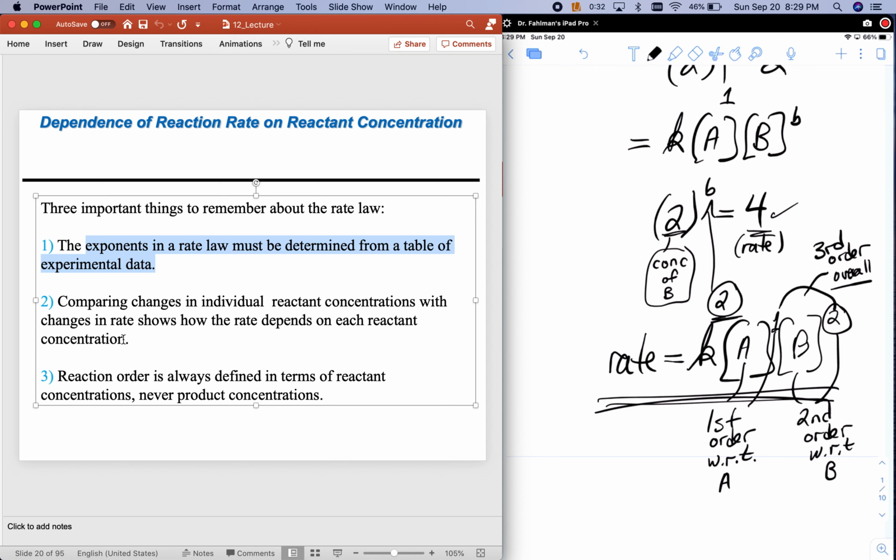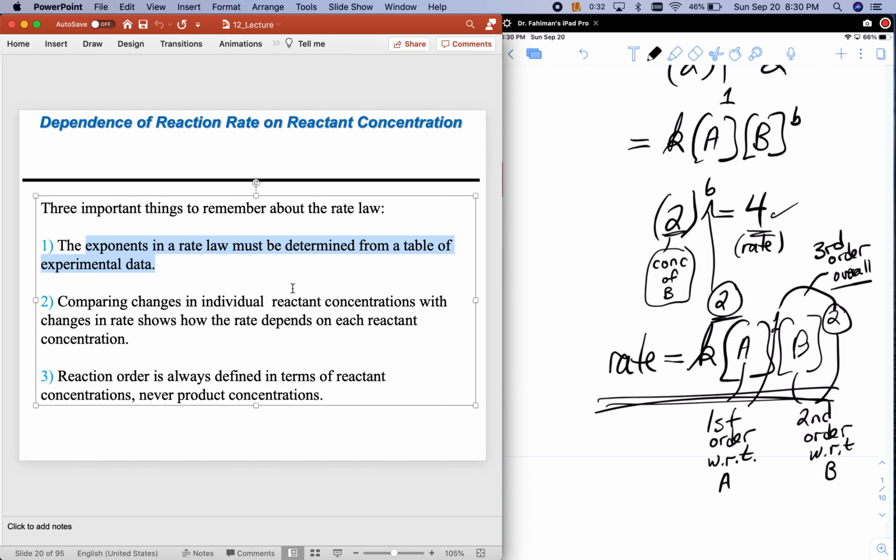We do that in turn with both reactants to find the order with respect to A, and then look at another couple of experiments to get the order with respect to B. Reaction order is always defined in terms of reactant concentrations, never product.